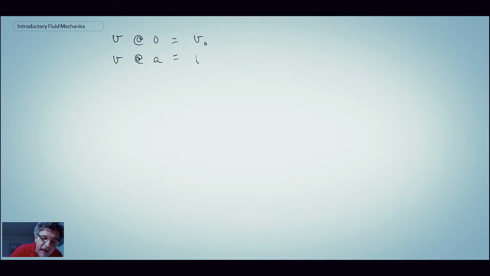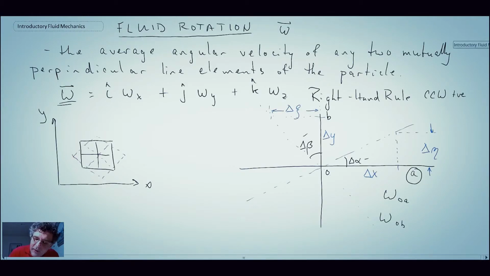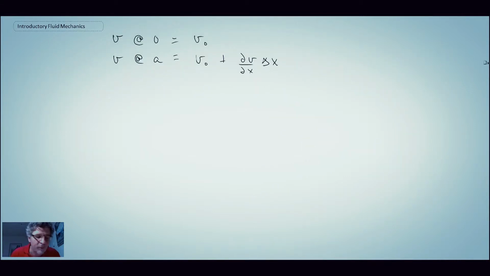That would then be equal to whatever that translational velocity is, plus, and I'm going to use a Taylor series expansion here, dv by dx multiplied by delta x. Essentially we're looking at how the v component of velocity is changing as it goes from the origin to this point A, and that's how we can express that.